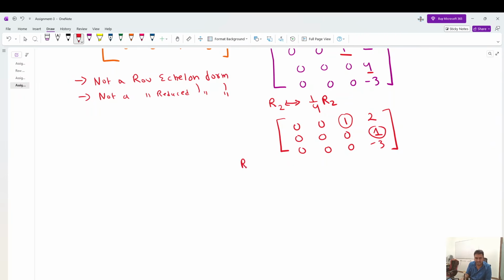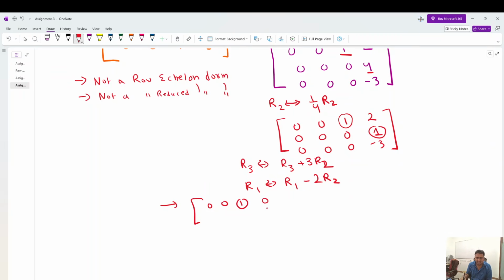So what will be the operations, guys? R3 you will change like this: R3 plus 3 times row 2. And R1 you will change how? Depending upon this: R1 minus 2 R2. If you apply these operations, this will become in which form?